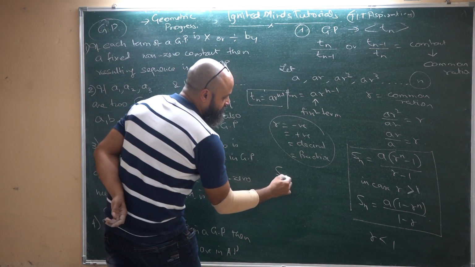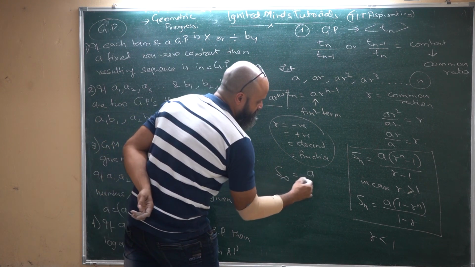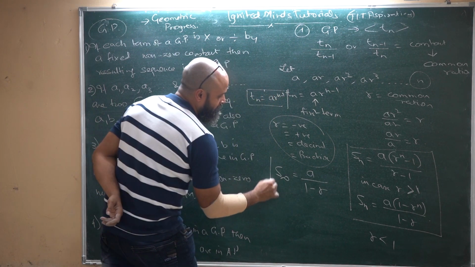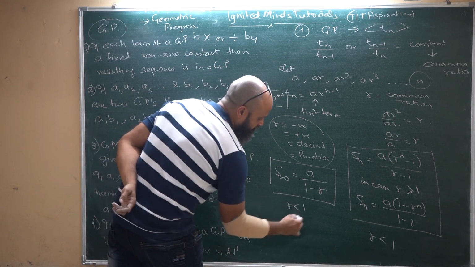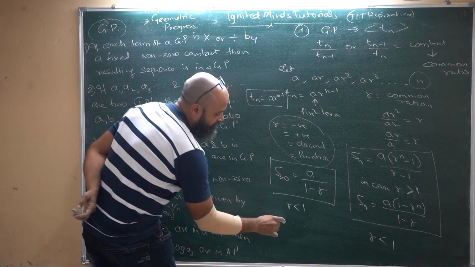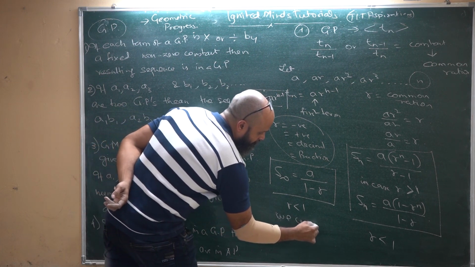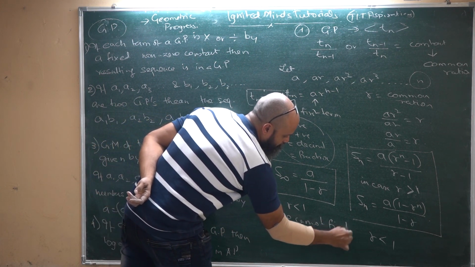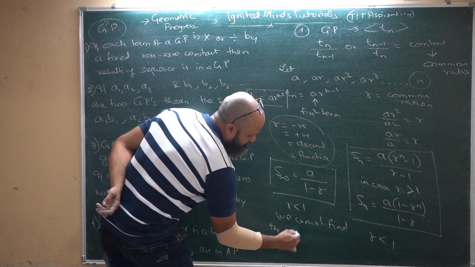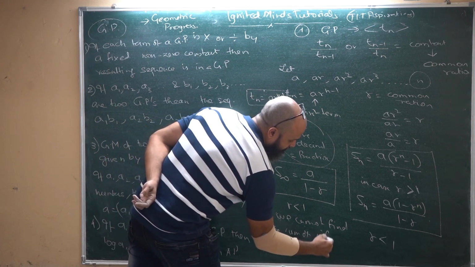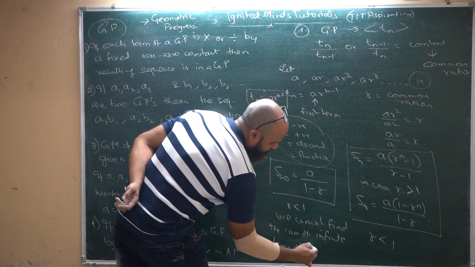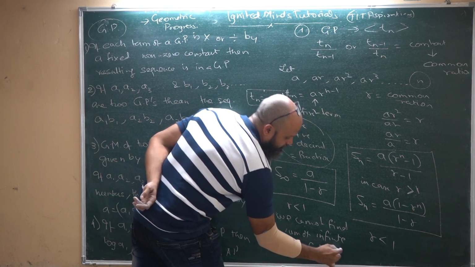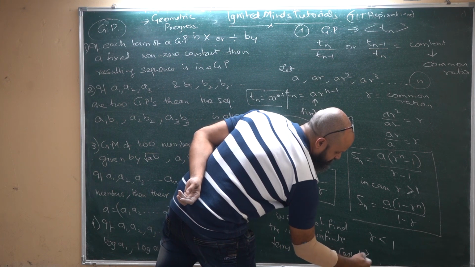How do we find the sum of infinite terms of a GP? This will be A upon (1 - R). So this is always in case R is less than 1. We cannot find the sum of infinite terms of a GP in case the common ratio is greater than 1.